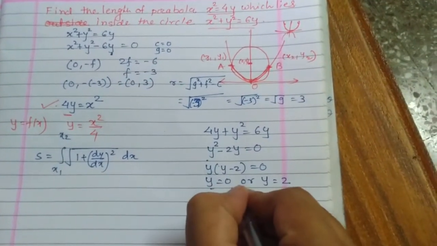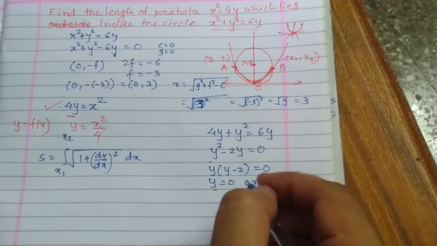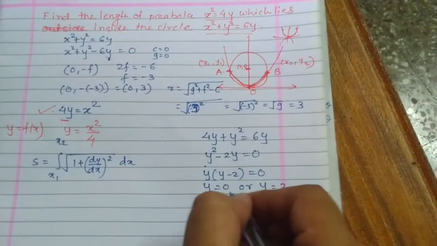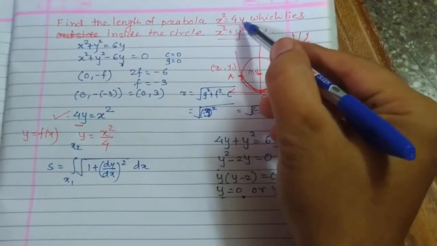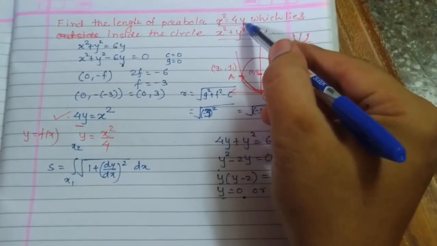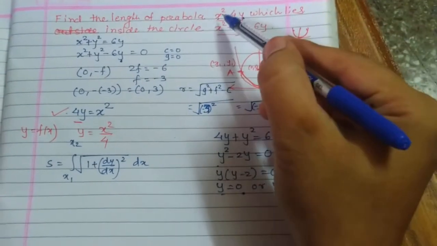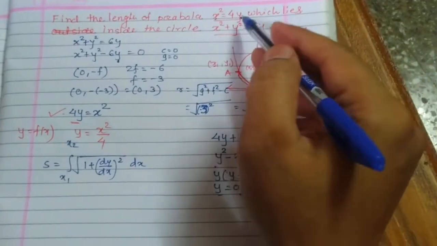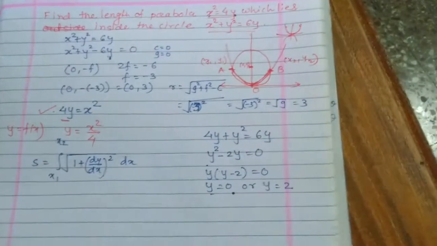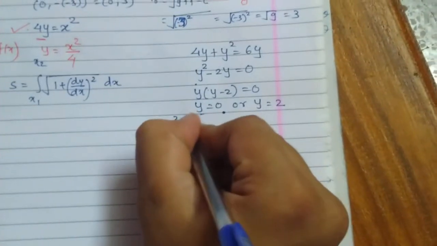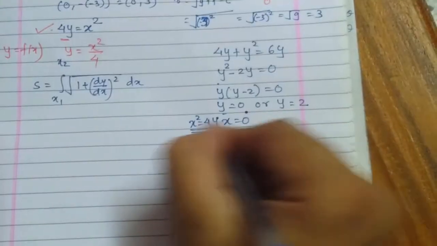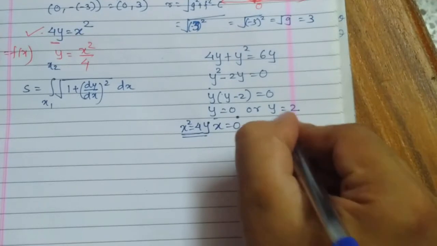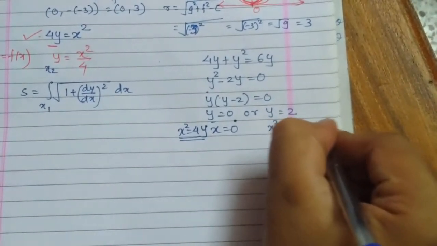So when y is equal to 0, if I substitute the value of y equal to 0 in any of the equations, you will get the same answers. So y is 0, that means x square is equal to 0, no need to worry. When y is 2, from the equation x square is equal to 4y, x square becomes 4 into 2, that is 8.